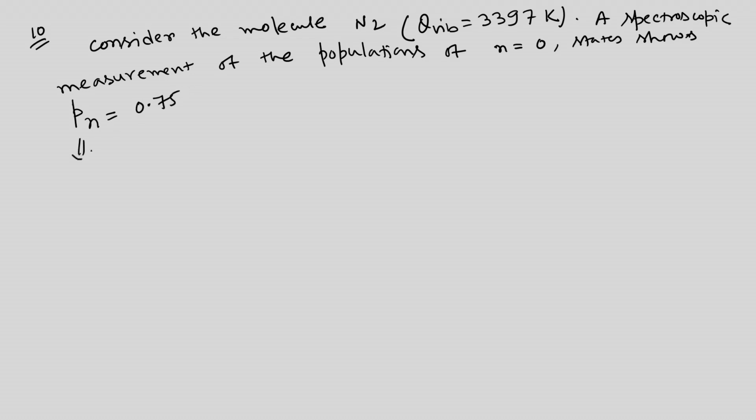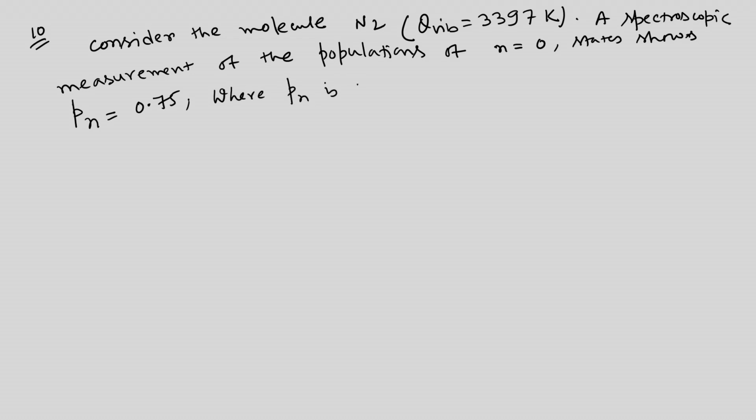So, Pn is the probability of n state, or maybe we can write it in a different manner.